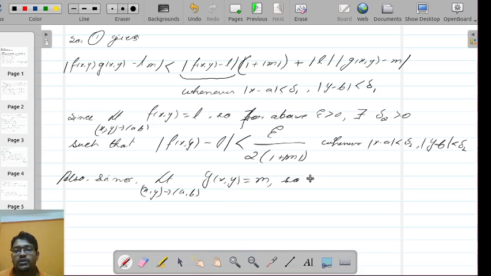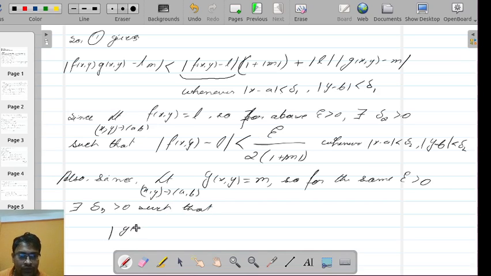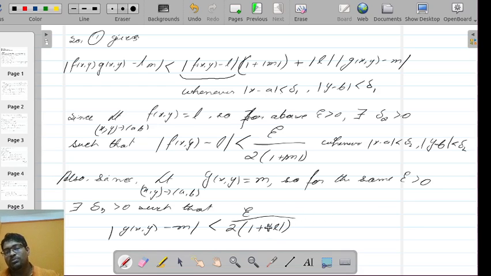So for the same epsilon greater than 0, there exists delta 3 greater than 0 such that mod of g of xy minus m is strictly less than epsilon divided by 2 into 1 plus mod L. We've added 1 here so that the denominator is non-zero.